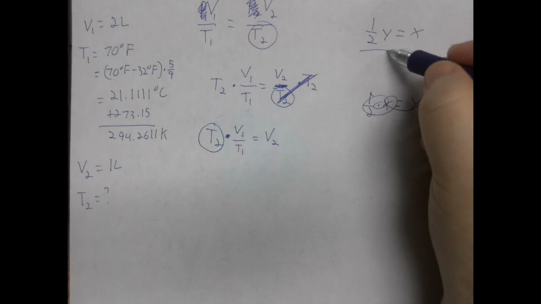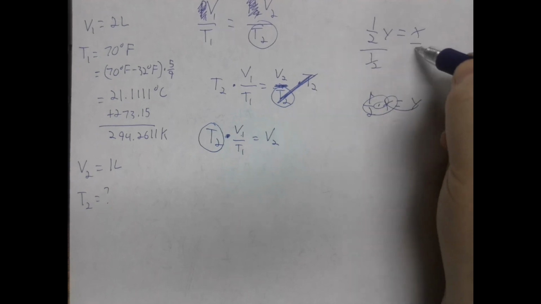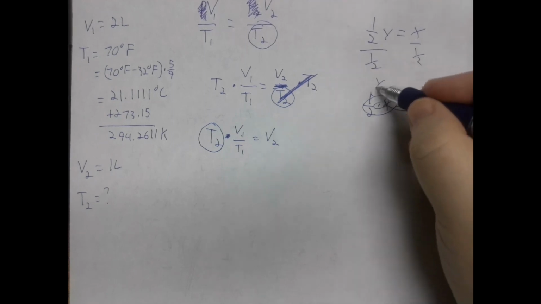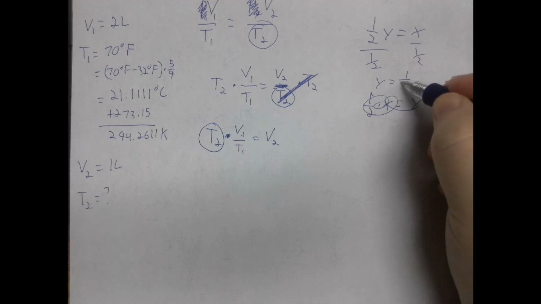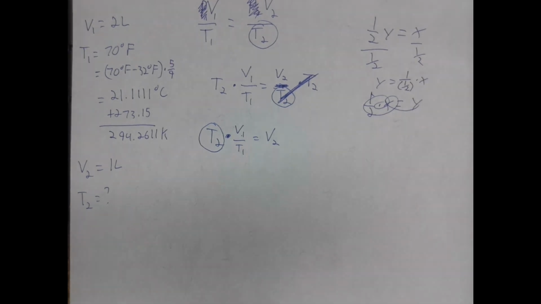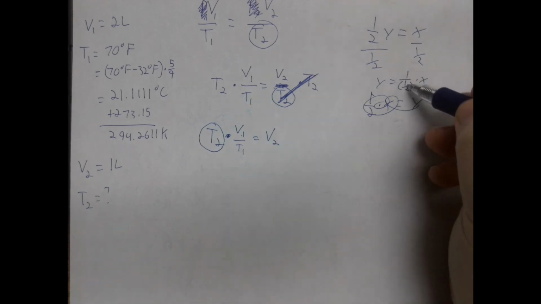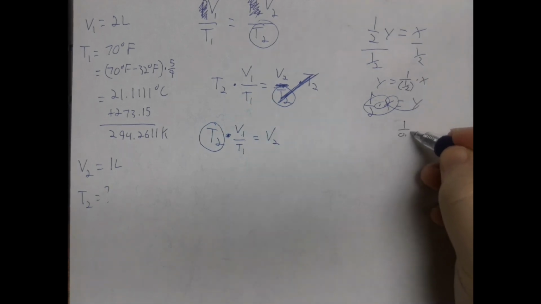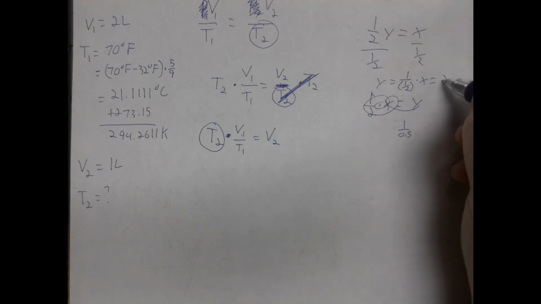You can divide both sides by a half and end up with y is equal to 1 over 1/2 times x. That's valid. 1 divided by 0.5. How many times is 0.5 going into 1? Twice. So that's equal to 2x.